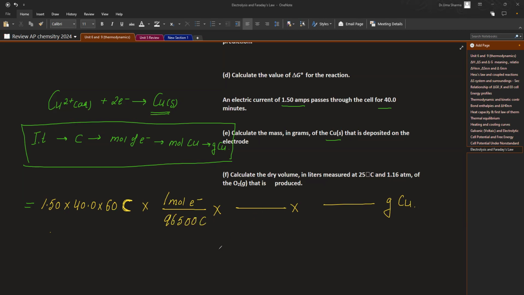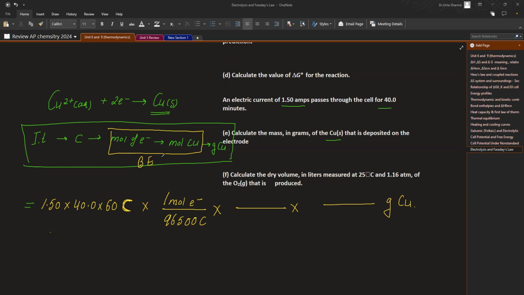Right? Next ratio. Look at the balanced equation. Always remember this. When I'm checking mole to mole, I have to look at the balanced equation. No confusion. In unit 1, we'll be doing these things.